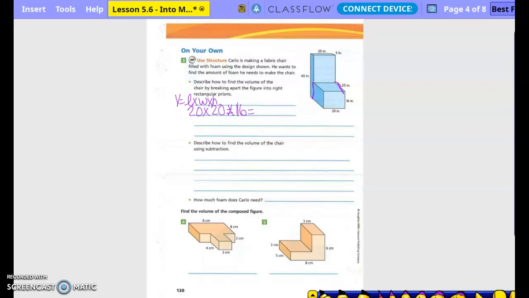So I can just take 16 times 400 and pop out the zeros, and bring the zeros down. So 4 times 6 is 24, put the 4, carry the 2. 4 times 1 is 4, plus 2 is 6. So the first box is 6,400 inches cubed.